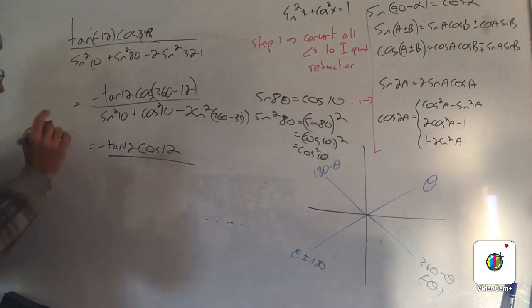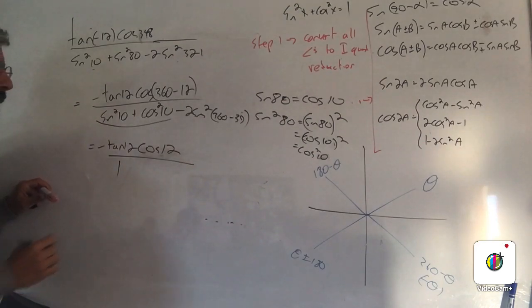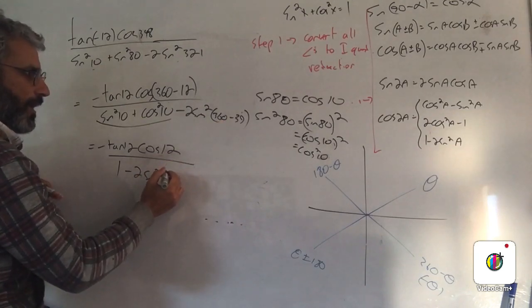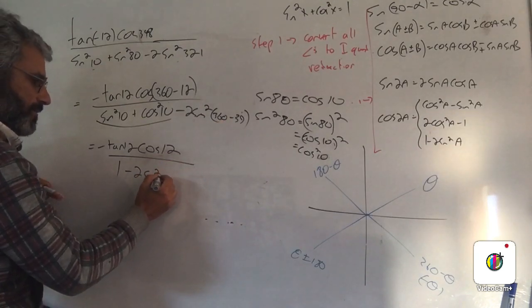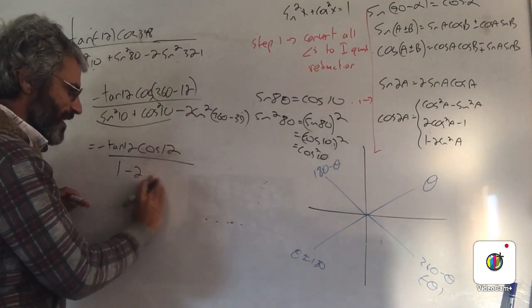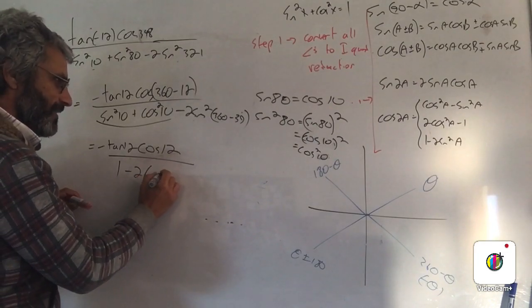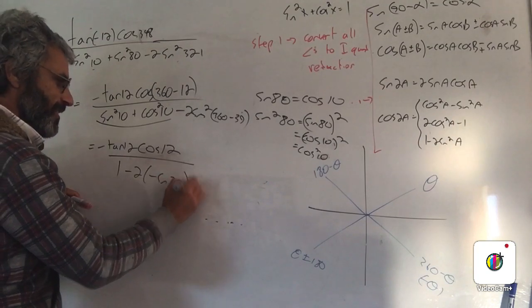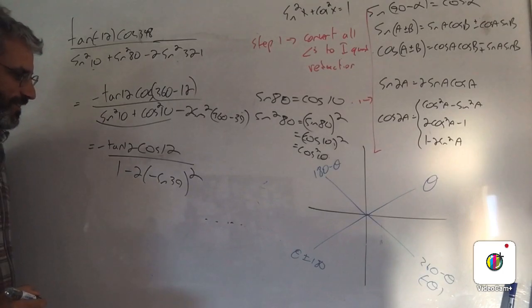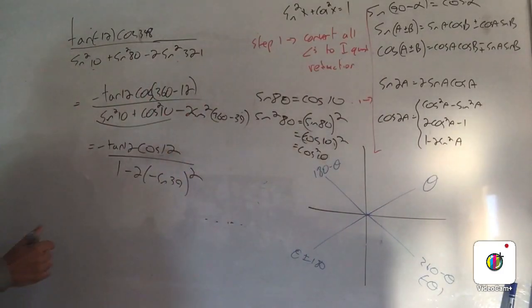It's just 1. Minus 2 sine squared, and if I'm really being careful, I should write bracket, minus sine 39 and all of that squared, because sine becomes negative, but it's squared, so it doesn't matter at all.